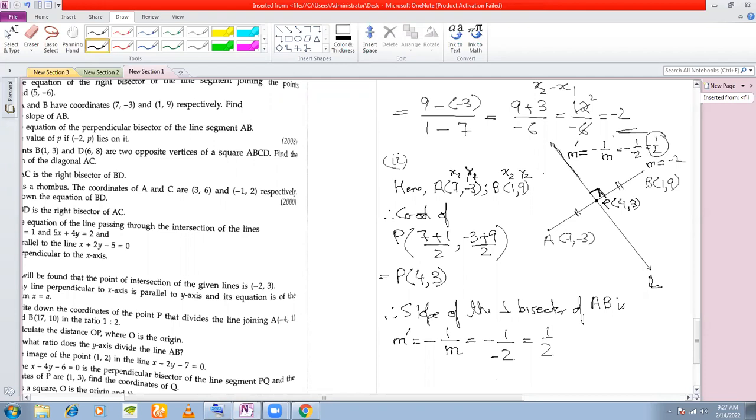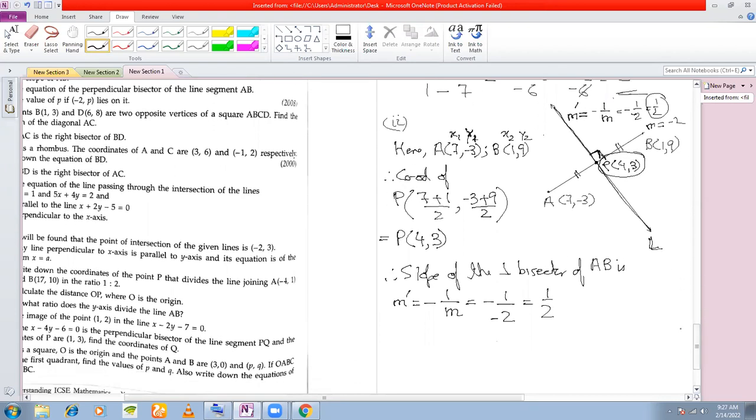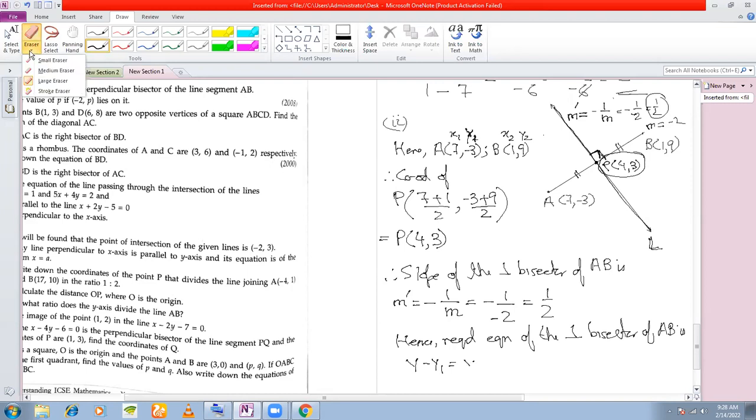So we know the slope of this line as half, and we know one point on this line. So which form should I use? The point slope form, right? Hence, the required equation of the perpendicular bisector of AB is, write the point slope form, y minus y1 is equal to M dashed into x minus x1, right?